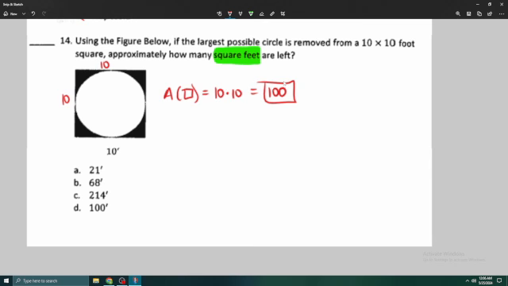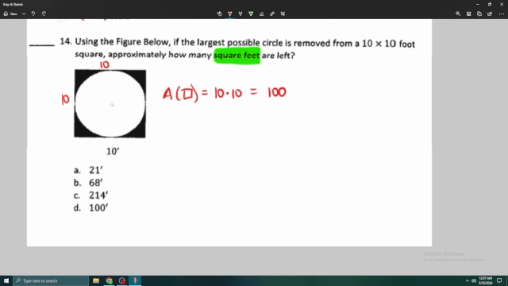This one's going to be a little bit challenging. We have to think about the largest possible circle. Stay with me here. We kind of have to think about a radius.